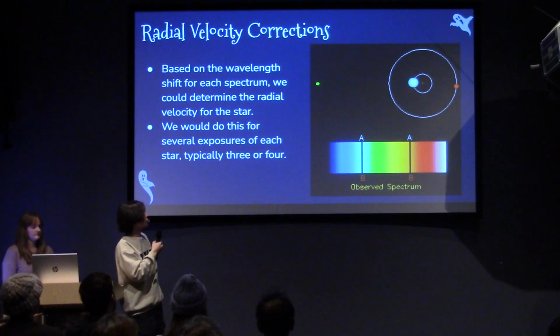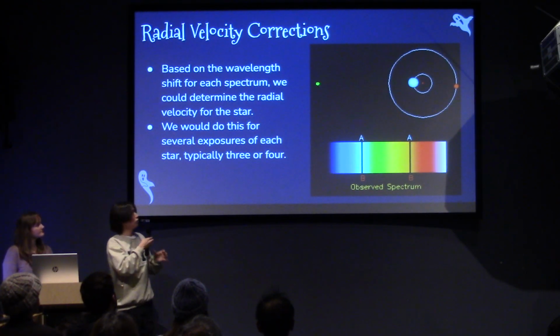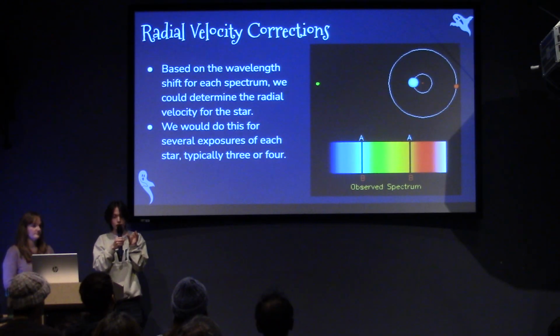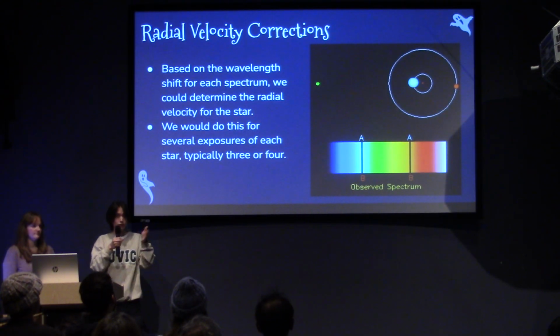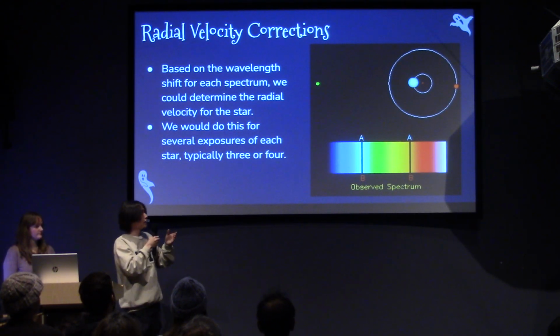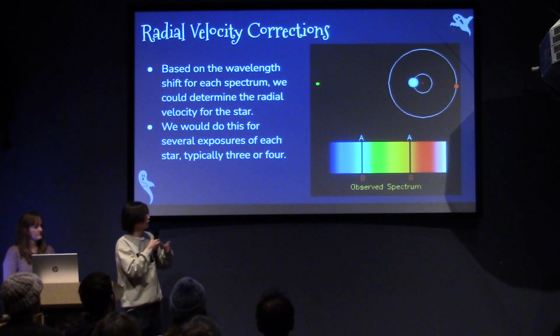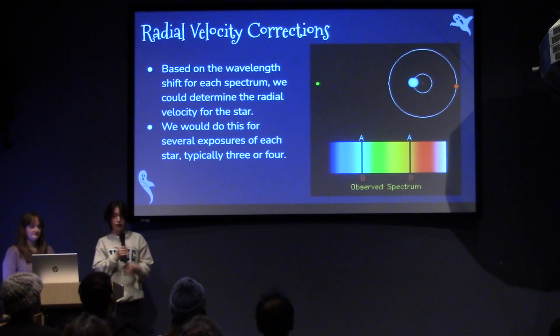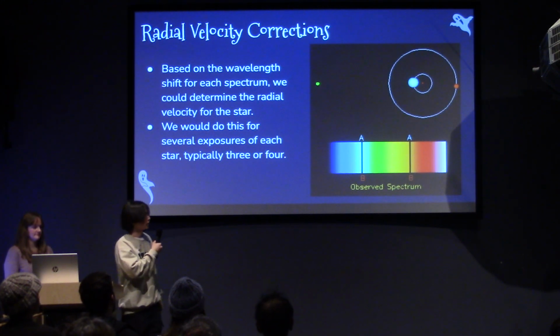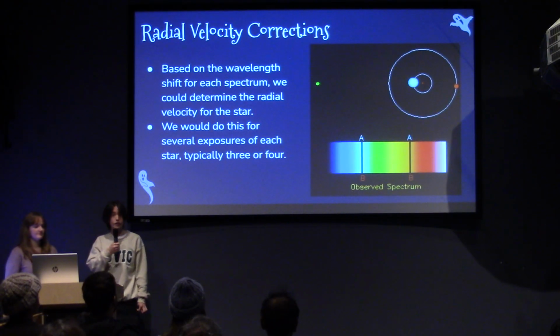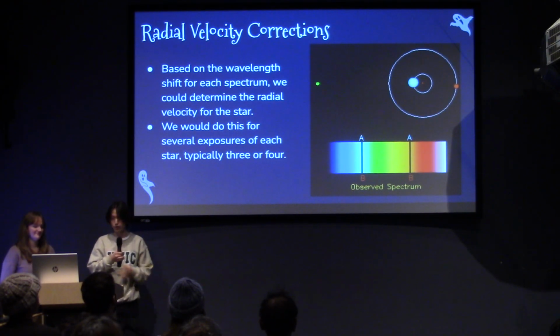What we would do is look at a small region on each spectrum and notice the shift that we see. Depending on the shift, we would then correct the radial velocity. This was done for several exposures of the same star, typically 3 or 4, and this depended on the star's magnitude.